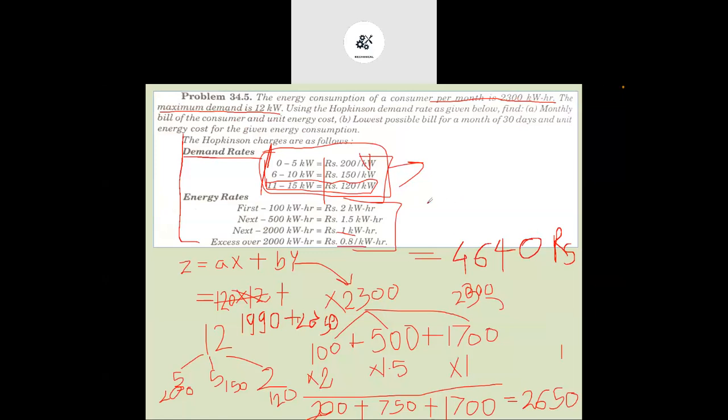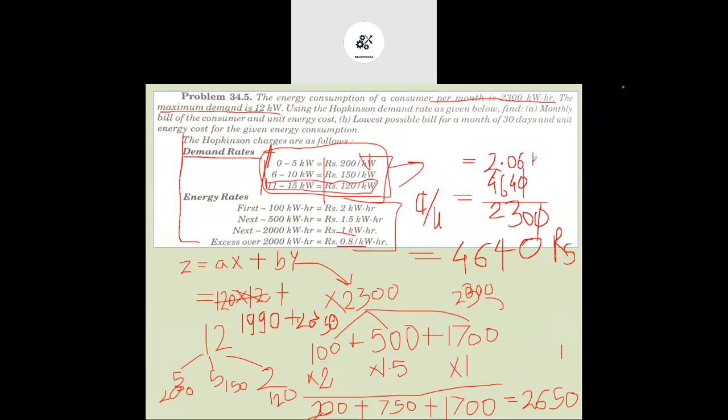Now we have to calculate the energy cost per unit. The total units consumed by that customer is 2300 kilowatt hour. So the cost per unit is equal to the total cost, 4640, divided by the total energy consumed by that customer, 2300.